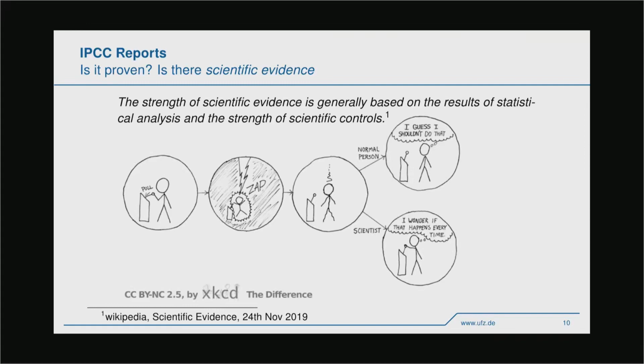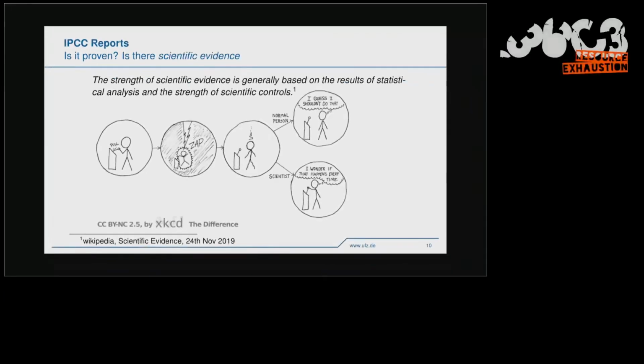I took this comic from XKCD because it's somehow connected. There's a person who pulls a trigger and then gets struck by a bolt or something bad happens, for example, climate change. And then there are two scenarios. A person usually would decide, okay, I would not pull the lever again.